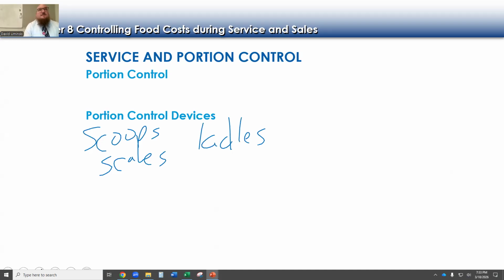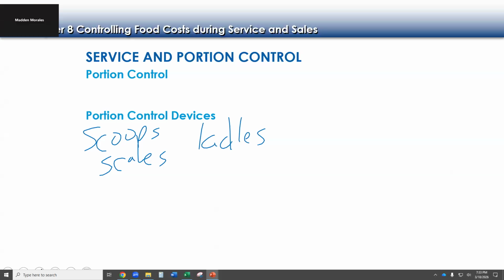Anybody else? What do you mean by pots? Okay, so we can make the recipe in that, but the recipe says we've got 32 servings of soup. How are we going to control that we get 32 servings out of that big pot of soup? So definitely a ladle. What else might we do?